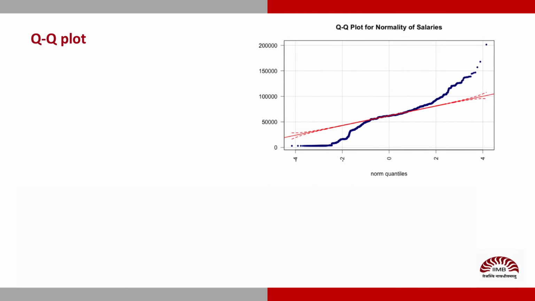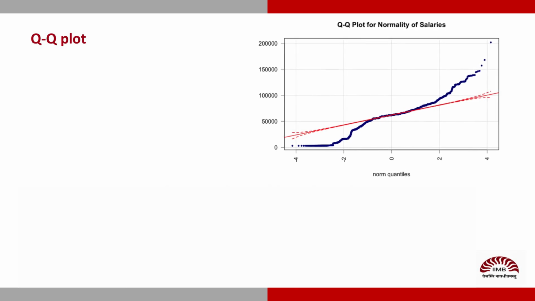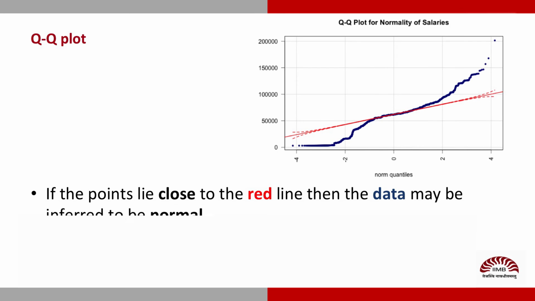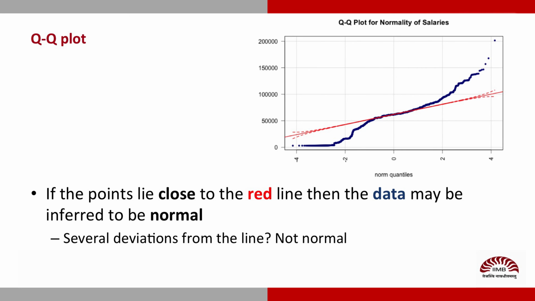Now in this QQ plot, there is going to be a line that goes in the middle. If the points distribute about the line fairly closely, then you can say that the data is normally distributed. If it has several deviations, then you would definitely say that it is not normally distributed.